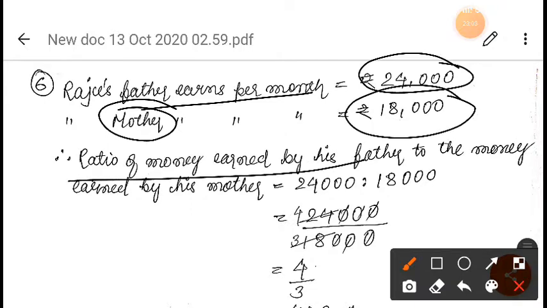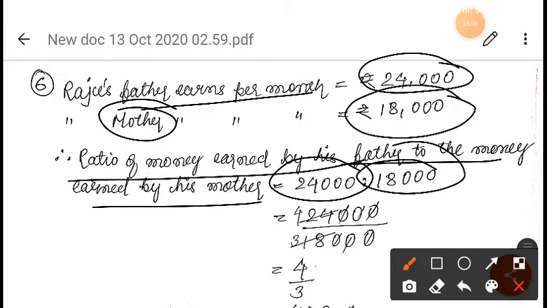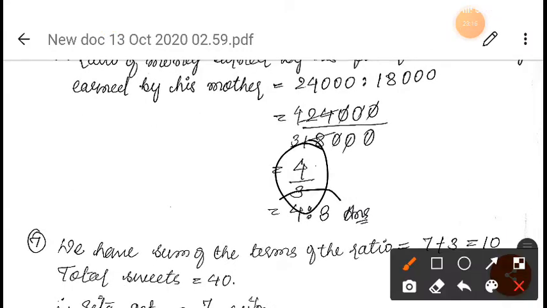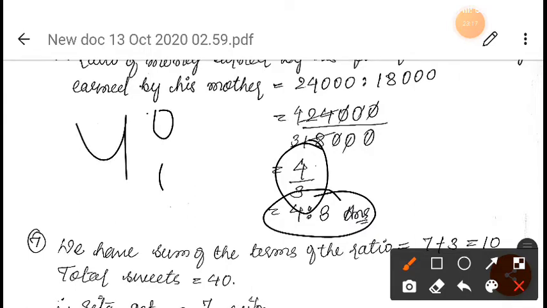So the ratio of the money earned by his father to the money earned by his mother is 24 is to 18, right? So 24 will be above, 18 will be below. When you divide this, it will come to 4 by 3. So 4 by 3 can be written as 4 is to 3, right?